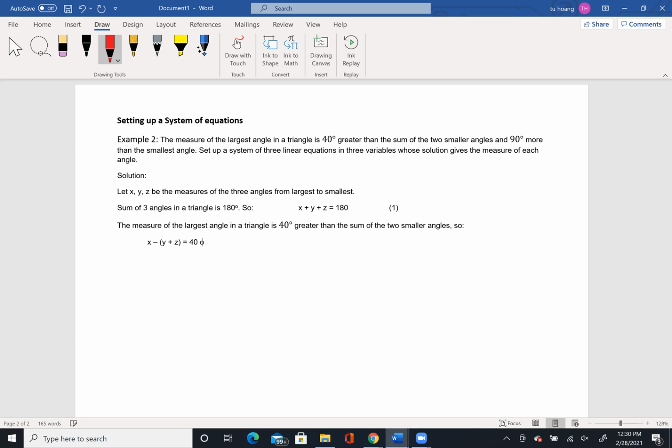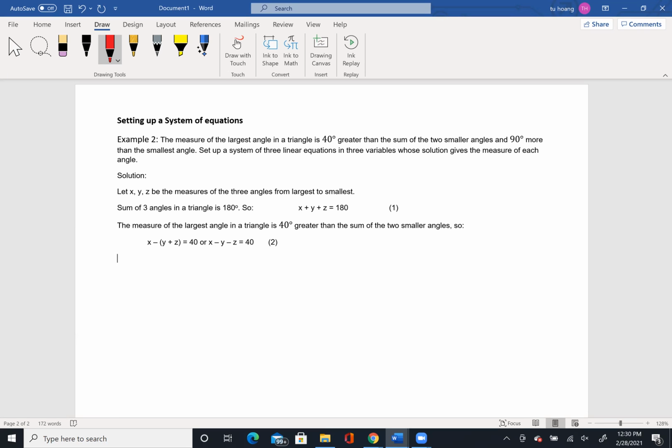So if I simplify this, I'm going to have x minus y minus z will be 40. And this should be the second equation.